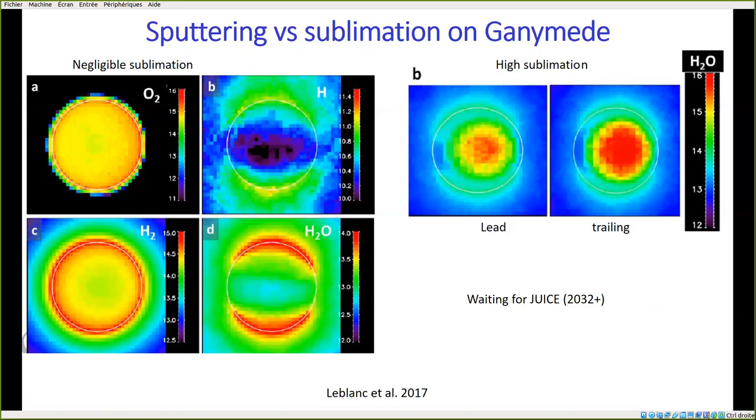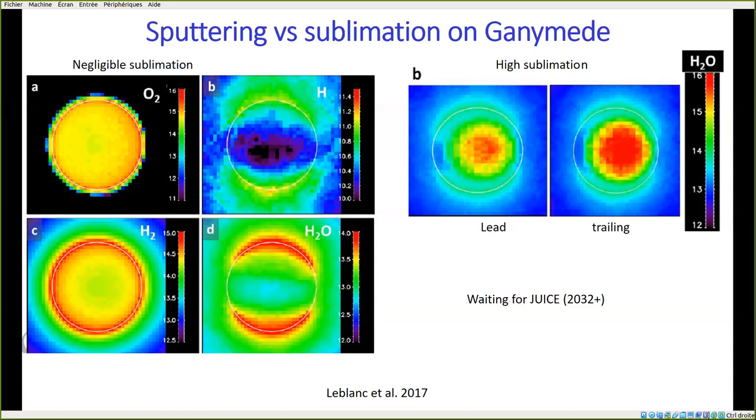If, however, we now consider, in addition, a sublimation component, then the picture changes considerably, at least for water, because now we have a collisionally thick atmosphere with a column density of about 10 to the 16. This sublimation component is also denser and more extended on the trailing side compared to the leading, simply because the trailing side has lower albedo and therefore higher temperatures, and so a higher sublimation component.